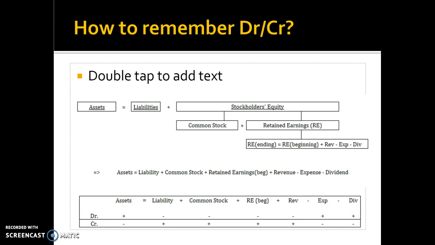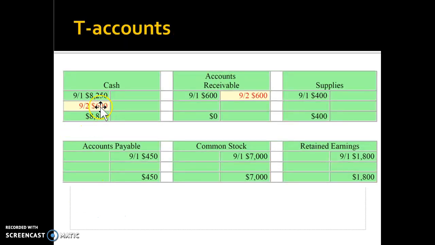So then I would debit cash for the amount that the client pays back. And then we would look at the accounts receivable because they pay us back, so accounts receivable would decrease. Accounts receivable is an asset account. Asset account decreases with credit, so we would credit $600.